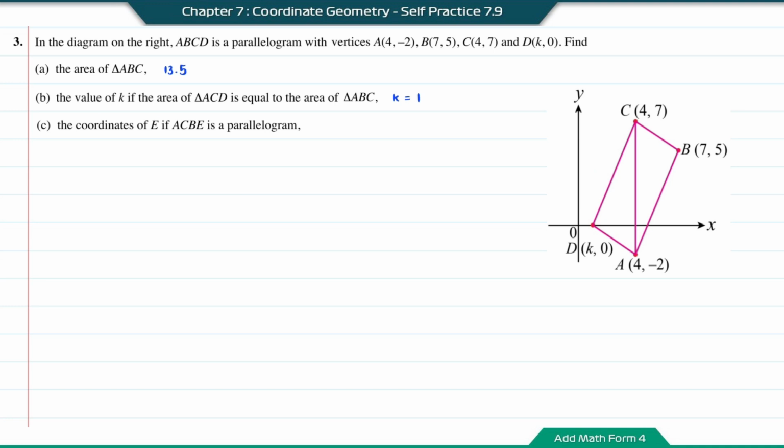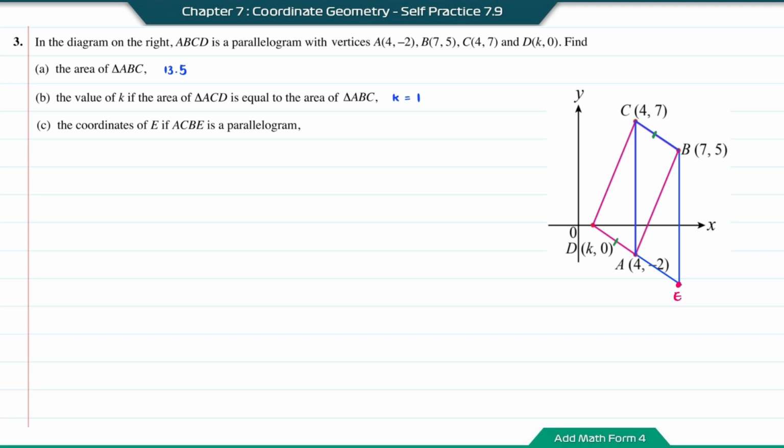Question C. Find the coordinates of E if ACBE is a parallelogram. So here will be the position of the point E to form the parallelogram ACBE. In a parallelogram, the lengths of the opposite sides are equal. So in the original diagram, the length BC here will equal the length AD.